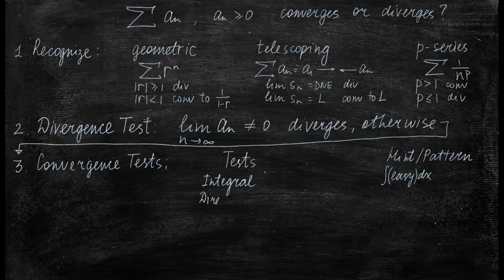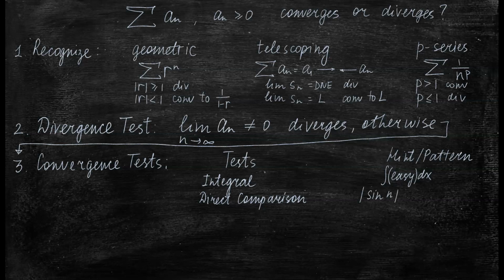Another test we learned was the direct comparison test. In the direct comparison test, we exploit some inequalities and we establish some bounds for the given series, either below or above.